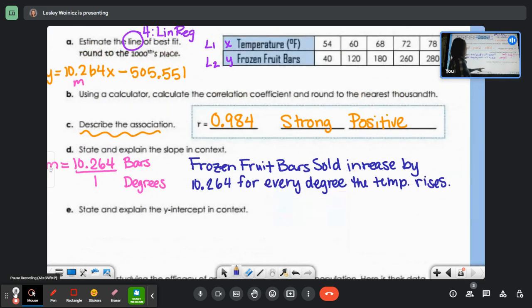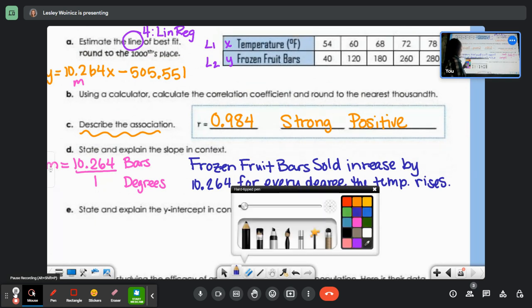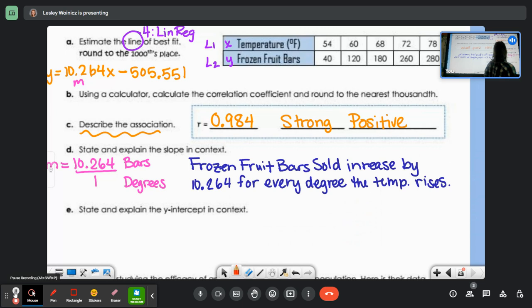Now, not from our data, we're just looking at the equation of best fit. This is our b. So our y-intercept is (0, negative 505.551). 0 is the temp, and negative 505.551 is the frozen fruit bars.